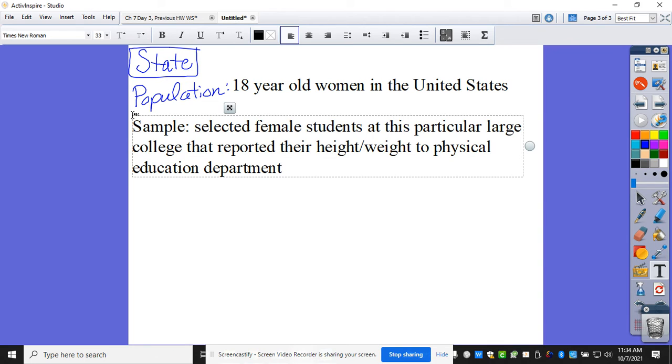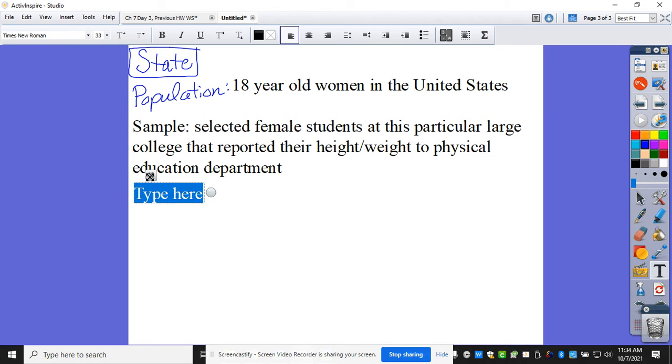So I'm not looking for word for word because it kind of took words from different places, and that's fine. But this group can be generalized to different populations. I could generalize it to all female students at this particular college. I could generalize it to all females in the United States. I could generalize it to all 18-year-old women in college. So with these, the population is going to have a little bit more leeway than we usually do, as opposed to what your answer has to be.